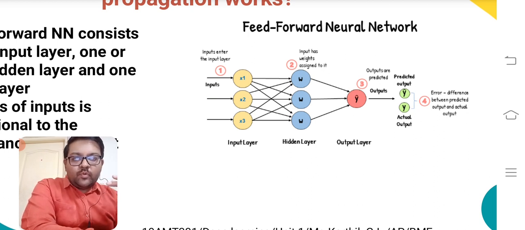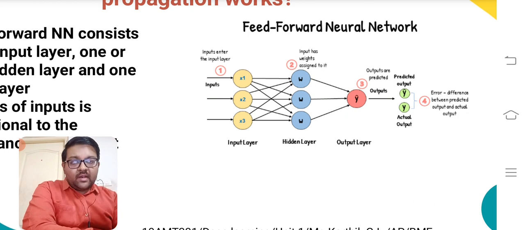We take the difference. If the difference is high, then there is more error. That is basically what an error is. If there is a difference between the expected outcome and the actual output, there is an error.